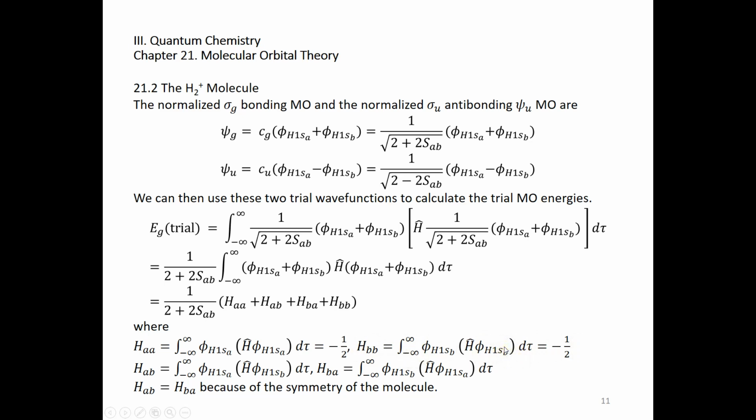Just imagine you have a hydrogen atom B that includes the nucleus B plus an electron. The energy is negative 1/2. Now H_AB and H_BA, they are just the integral of 1sa, and then over here the Hamiltonian applied to 1sb, and here we have 1sb and then the Hamiltonian applied to 1sa. So we got two integrals as the cross terms. These two are the same because of the symmetry of this molecule, and these two values will be between 0 and negative 1/2.